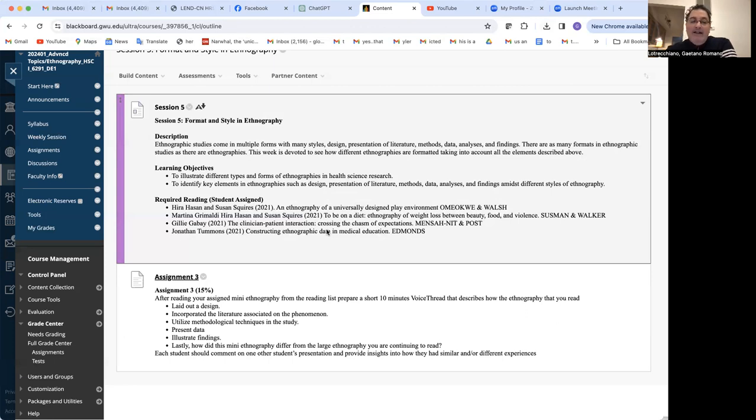How's the design laid out? How does it incorporate, if at all, the literature associated with the phenomenon? Now, keep in mind, it may not always be embedded within. It could be in something like an epilogue.